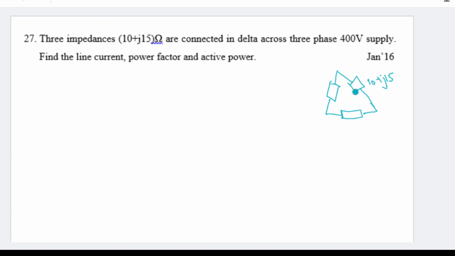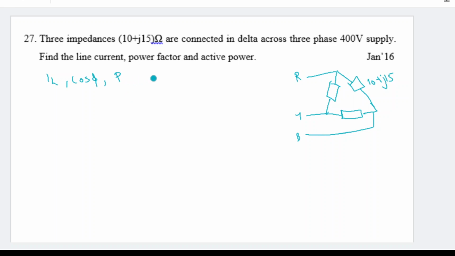All are connected across a 3-phase 400 volt supply. I am writing the lines as R, Y, B. Now we have to find the line current, cos phi power factor and the active power.